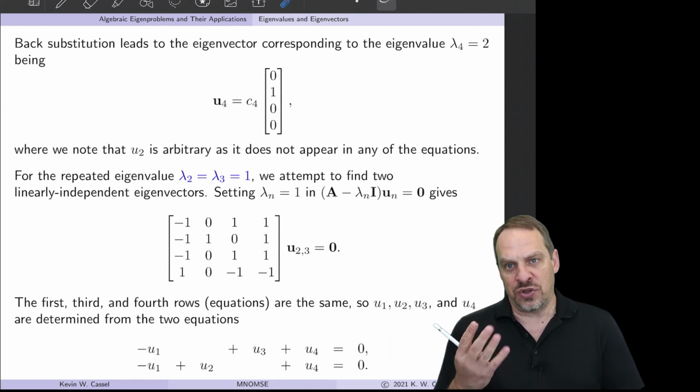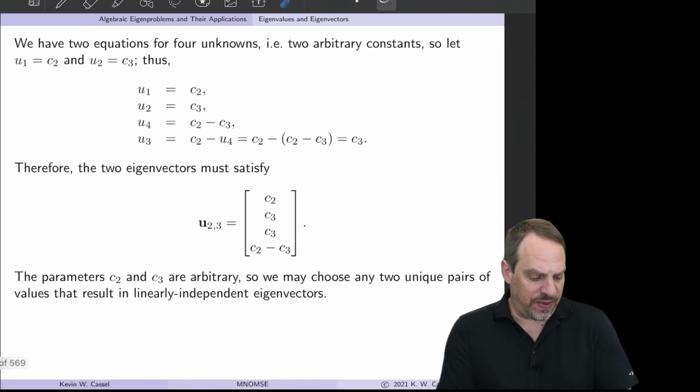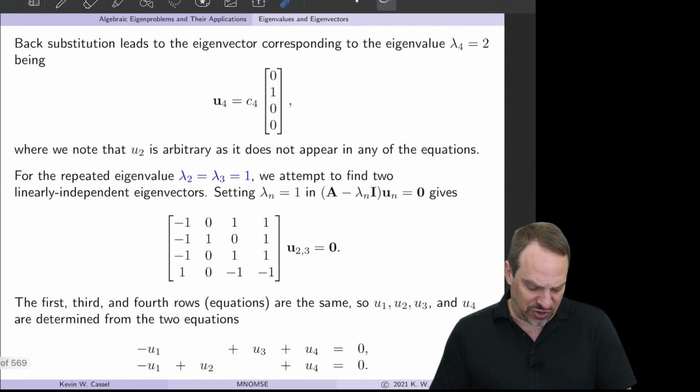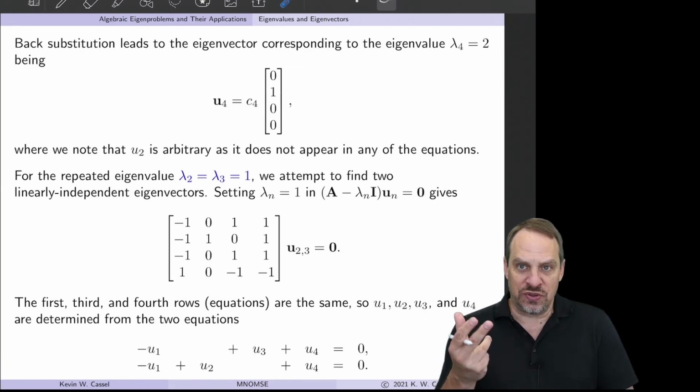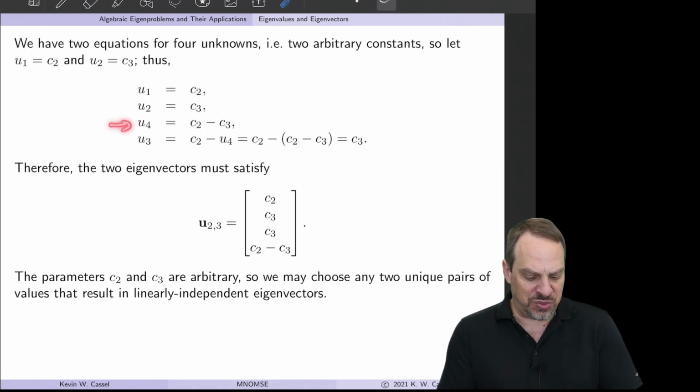So four unknowns, two equations, that means two of our variables can be arbitrary. So I'm going to select u1 and say that's c2, and u2 and say that's c3. So u1 is c2, u2 is c3. And if we go back and look at these two equations, then given those arbitrary constants, we can see that u4 then has to be c2 minus c3, and u3 is c2 minus u4, but if u4 is c2 minus c3, then that simplifies down to c3.